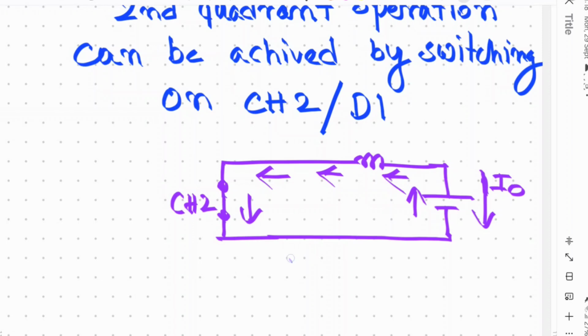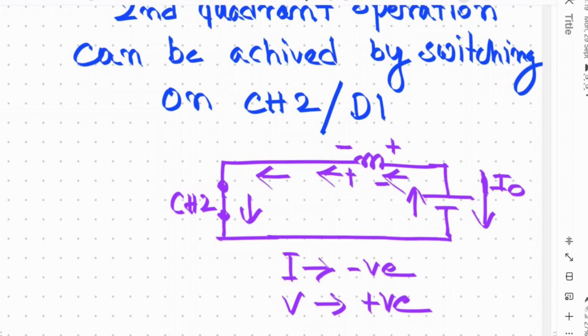So current is negative and voltage is positive. When the switch is off, the inductor will discharge and change its polarity, so this side is positive and this side is negative. In this condition also, current is negative and voltage is positive.